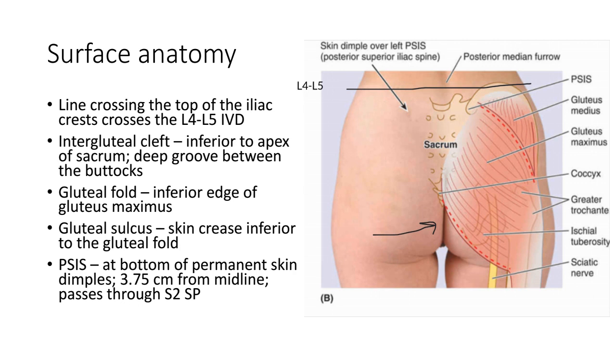The gluteal fold is the inferior edge of the gluteus maximus, and then right below that is the gluteal sulcus, and that's the skin crease just inferior to that gluteal fold. And then finally we have the PSIS, or the posterior superior iliac spine, and you can see the dimples there. That's a permanent skin dimple, and it's about 3.75 centimeters from midline, and it passes through the S2 spinous process.